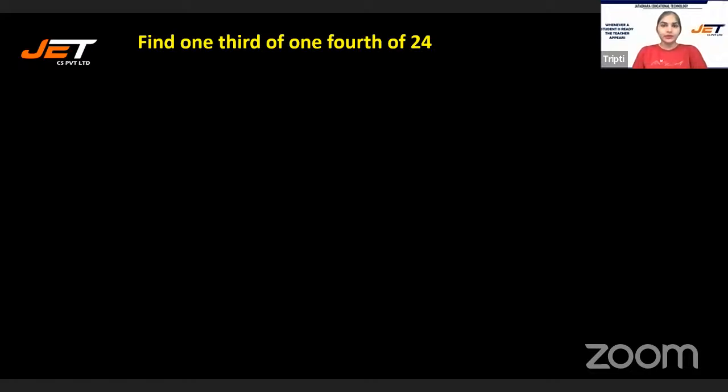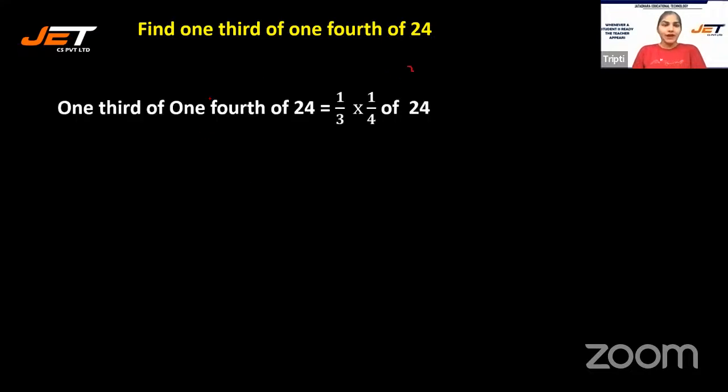All right, let's do it. 1/3 of 1/4 of 24. Of means times, so 1/3 times 1/4, of means times again 24. So 3 times 4 in the denominator, times 24.